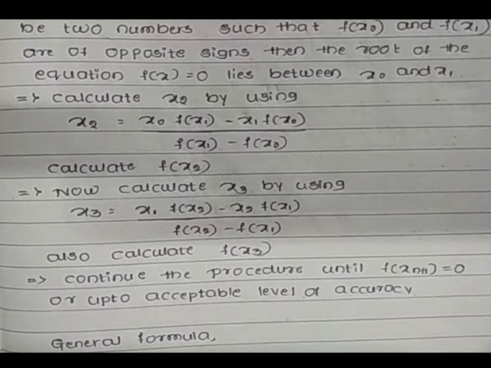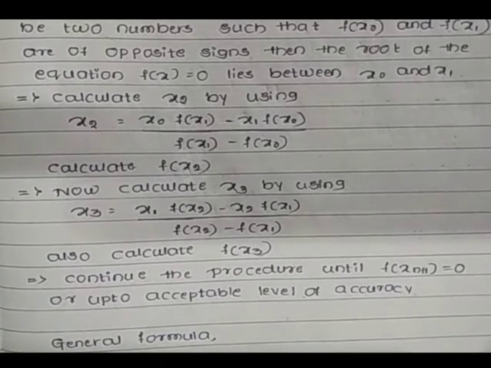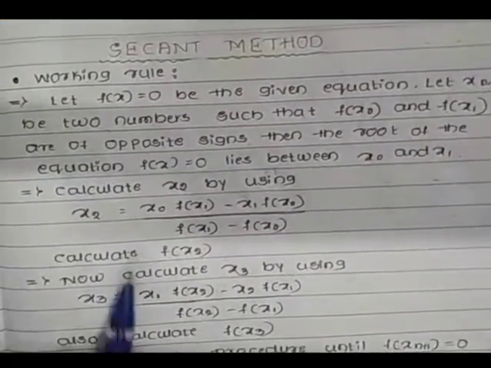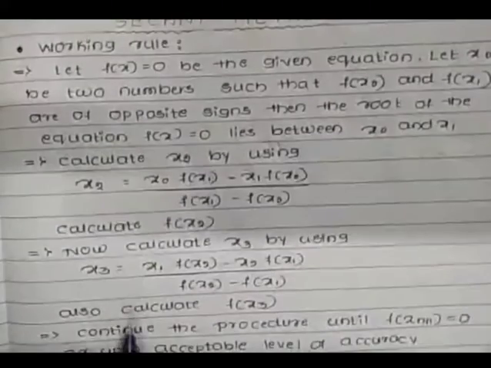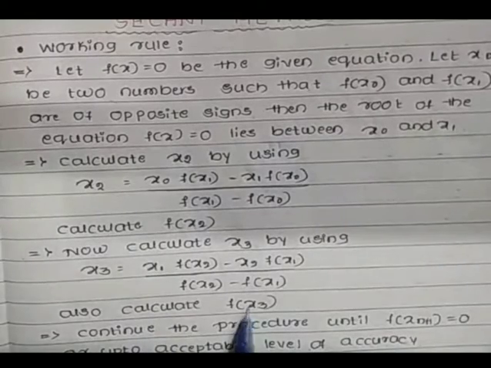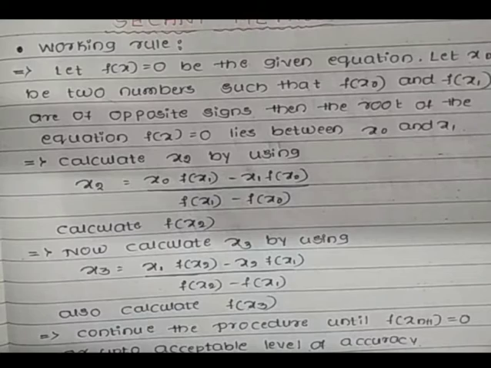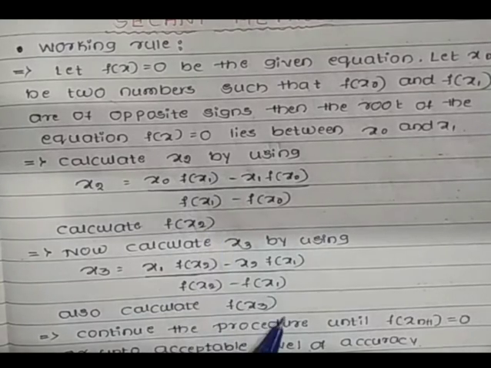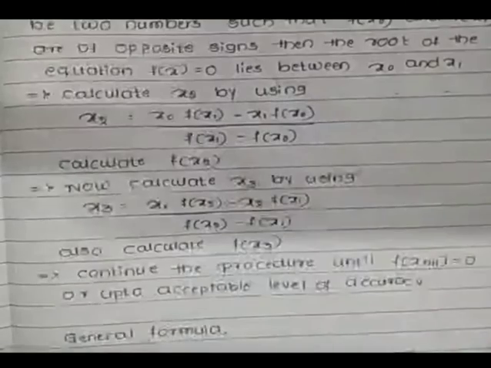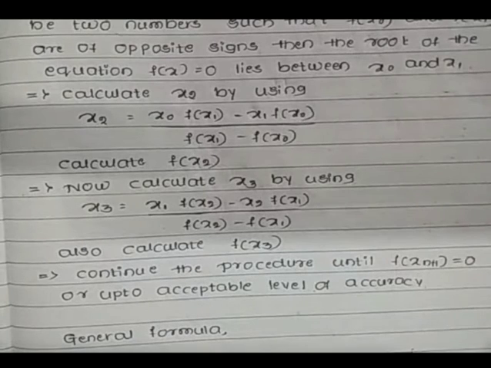See, the one thing which is very easy in the secant method is that we are just calculating f of x2, just calculating f of x3, but we are not checking whether it is positive or negative. So here we are not verifying the sign. To calculate x4, the previous two results are x3 and x2.